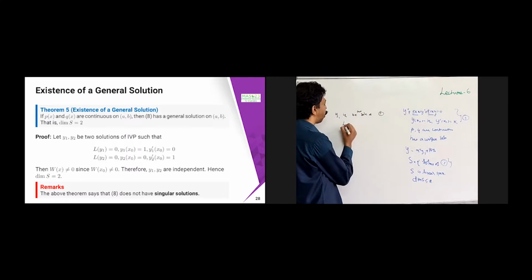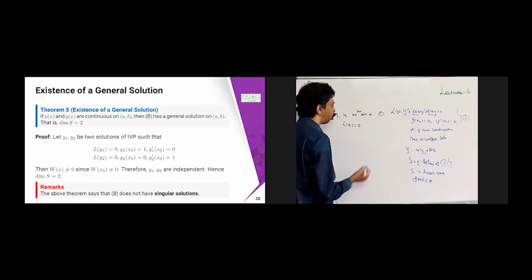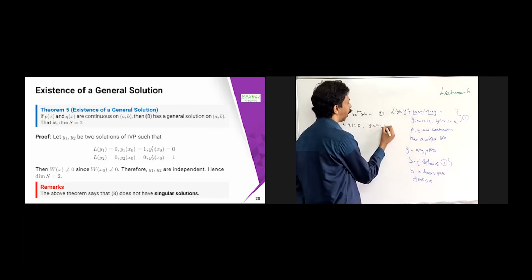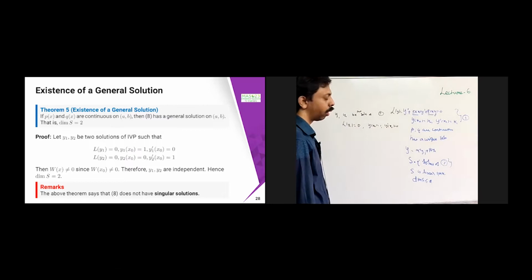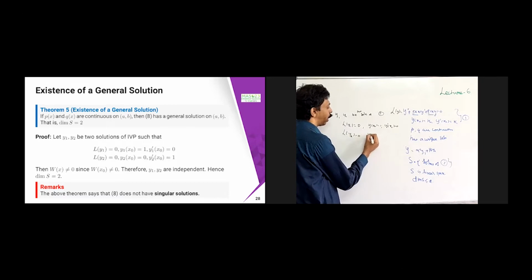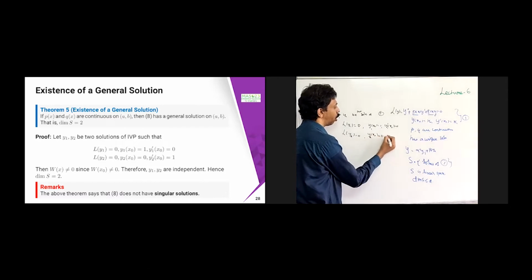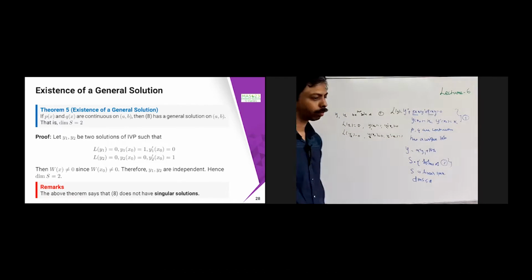First, L of y1 equals 0, with the condition y of x naught equal to 1 and y dash of x naught equal to 0. This is the first condition. Now for y2, L of y2 equals 0, with y2 of x naught equal to 0 and y2 dash of x naught equal to 1. These are the two conditions.